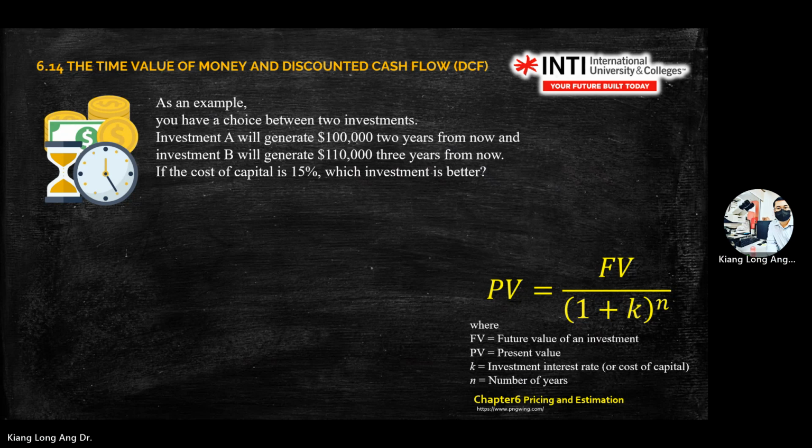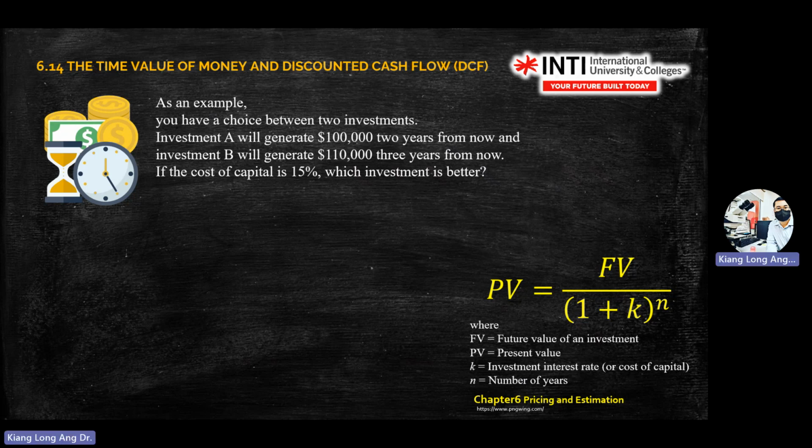So you are given the value of K. You want to calculate the current investment that you should pay now to get the future value, right? So you have two scenarios. Investment A will give you one present value, PV.